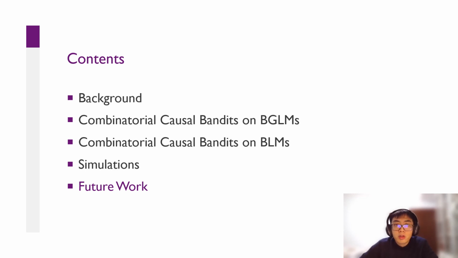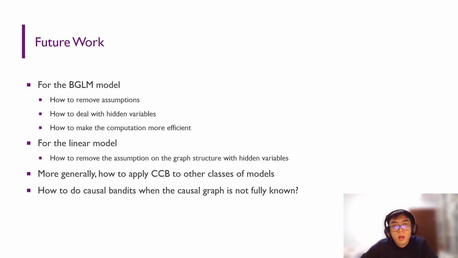And last, we introduce some possible future work in this topic. For the BGLM model, one can explore how to remove the assumptions and deal with the hidden variables. Moreover, our optimization step by OFU may be improved to more computationally efficient ones.